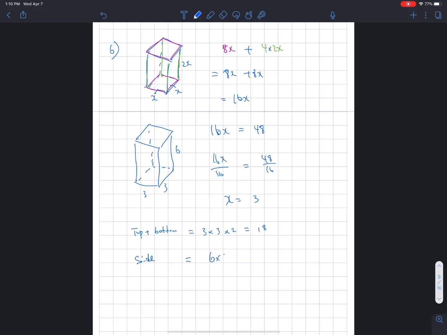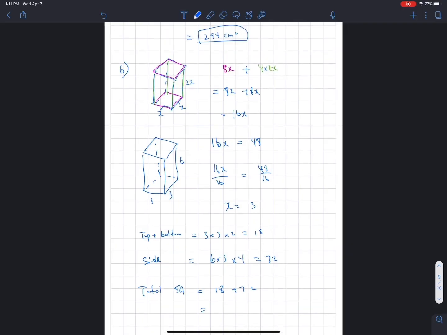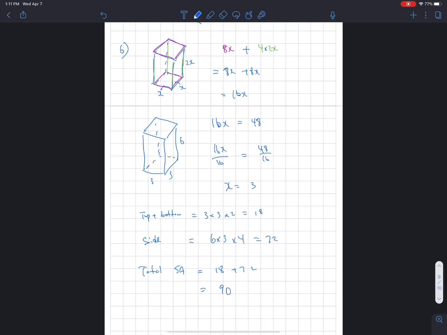They are all 6 times 3, and the same with the left-hand side and the back. So I can just do 6 times 3 times 4 here. 72. The total surface area equals 18 plus 72. We get 90. So that's 90 centimeters squared.